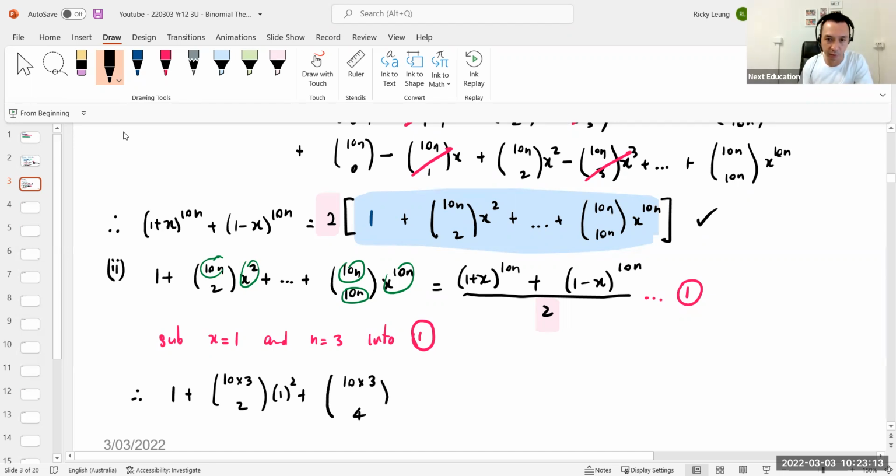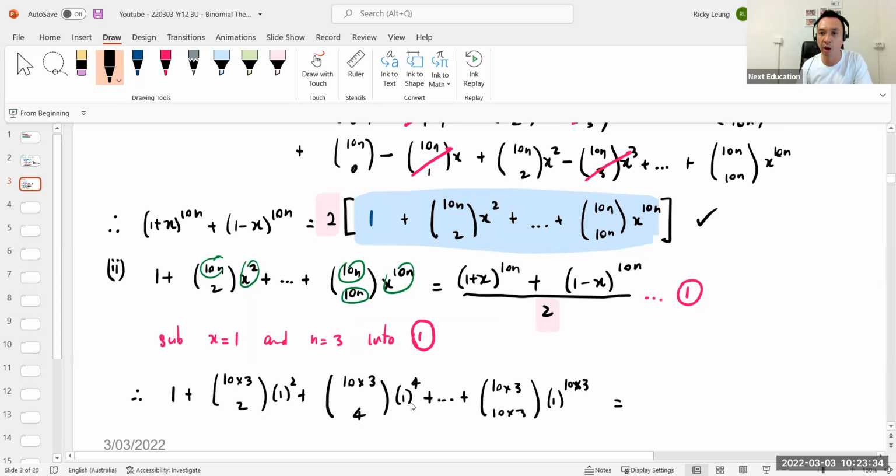I'll put an extra term here, because right now it's still captured in my dots, but let's actually show that's 30 choose 4, 1 to the power of 10 times 3.